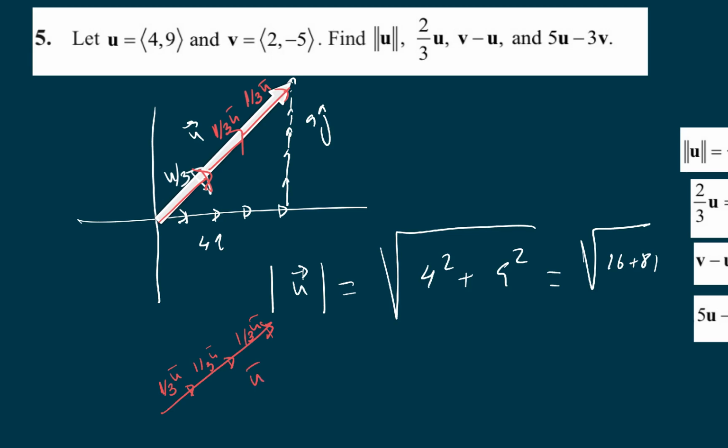And the question is, who is 2/3? Well, 2/3 is from here to here. How do we find this vector?